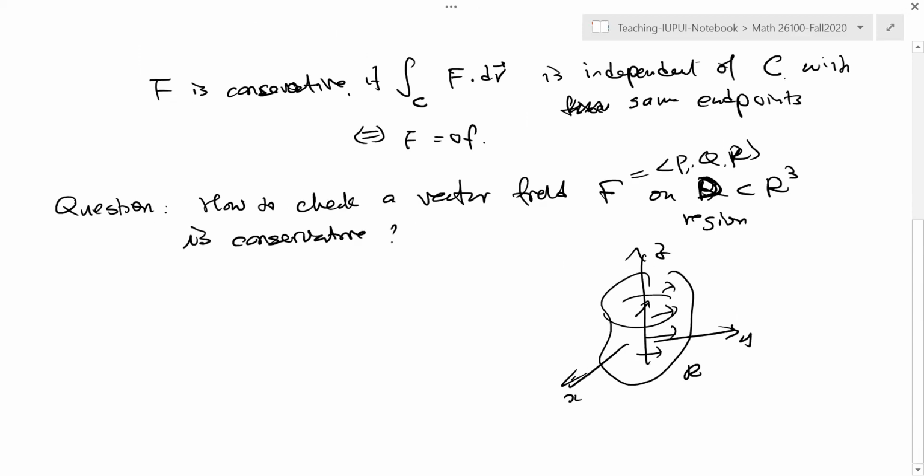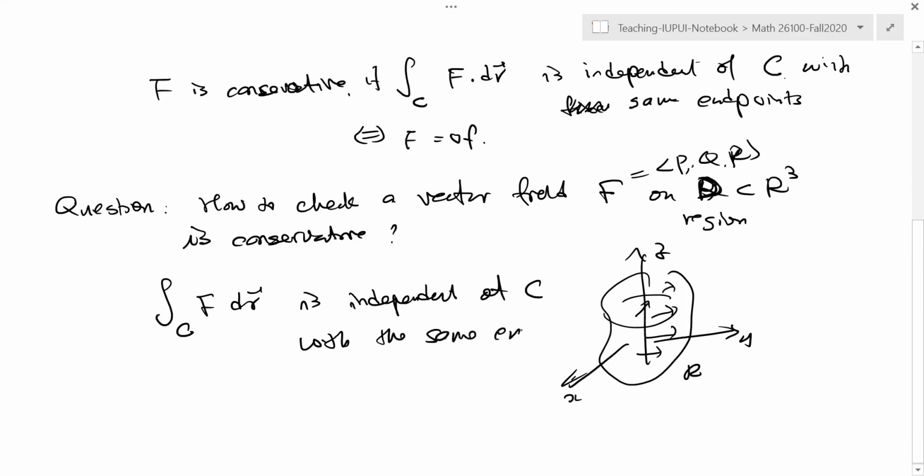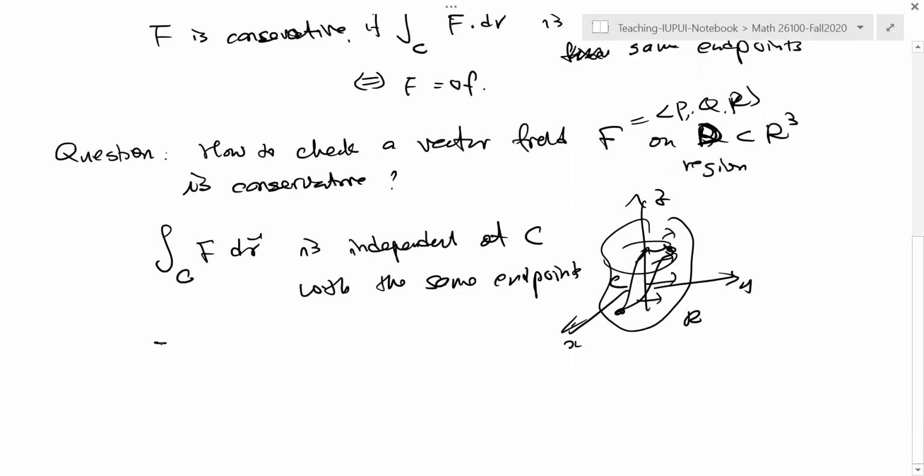First of all, you have to say what the definition of conservative is. There are two versions, and I said they're equivalent. Conservative means the line integral of F is independent of C with the same endpoints. As long as they fix endpoints, and you have two different curves C from the same starting point to the same ending point, you don't get different values. This is equivalent to saying F is the gradient of f.